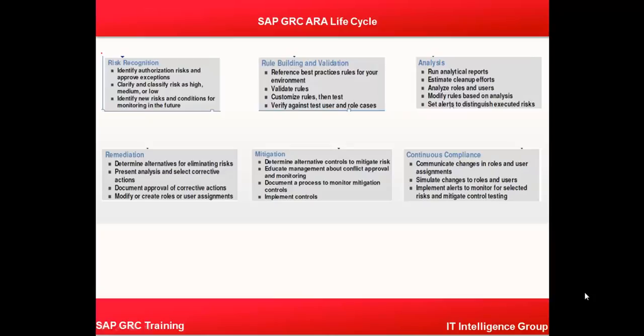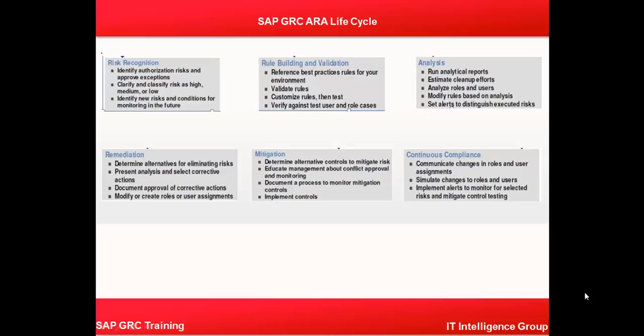Then the next phase is, so we have recognized the risk. Basically we have identified the risks, categorized the risks, and created a rule building matrix and process to validate them. The next step is the analysis of the risk.